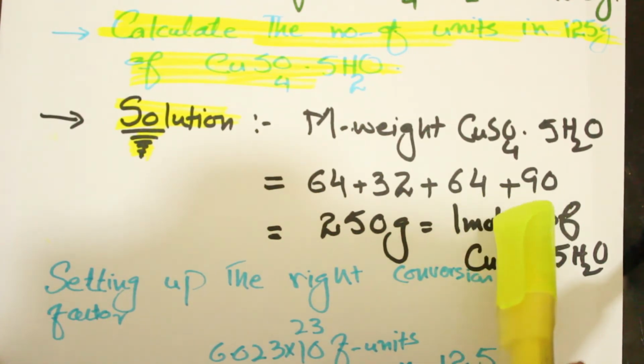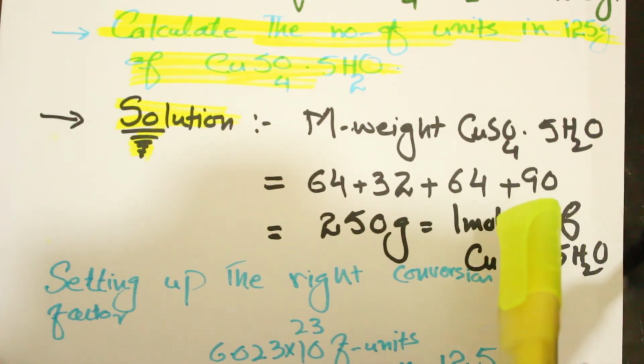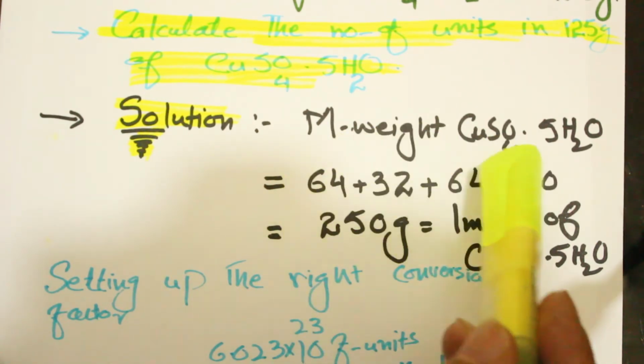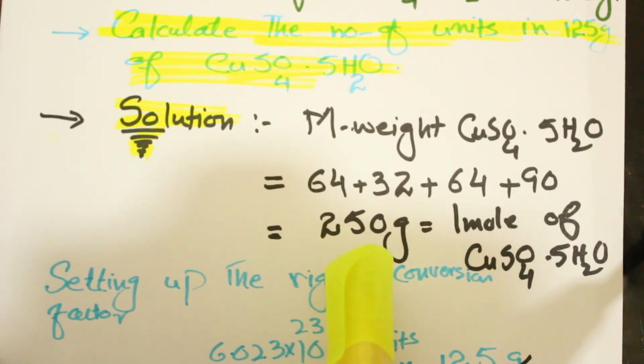Then we have 90 for 5 molecules of water, because the molecular weight of one water molecule is 18 AMU or 18 grams. Here we have 5, so I multiply 5 by 18 and get 90. Now we add up these 4 values, and we get 250 grams, which is exactly equal to 1 mole of the hydrated copper sulfate. So now I have the molecular weight of the hydrated copper sulfate, which is equal to 1 mole.